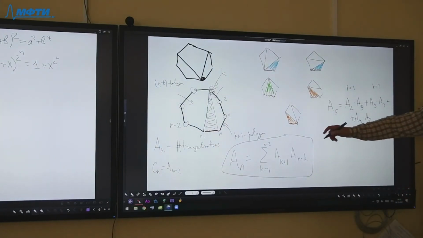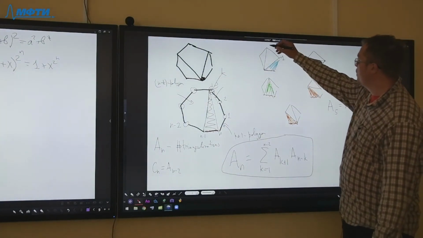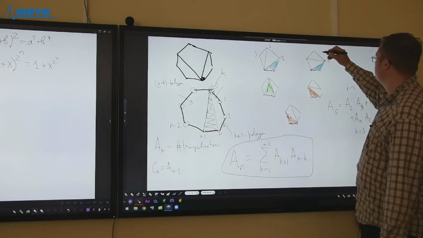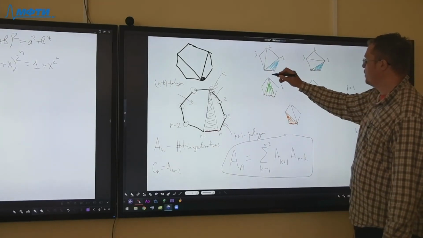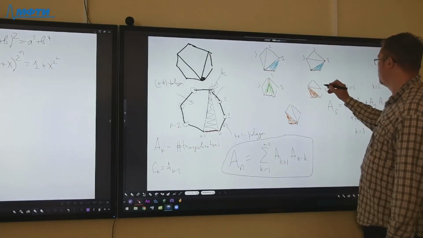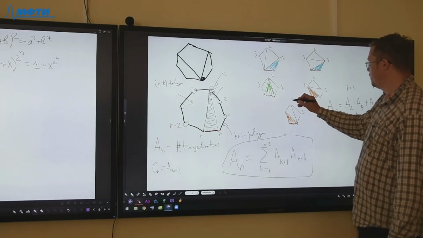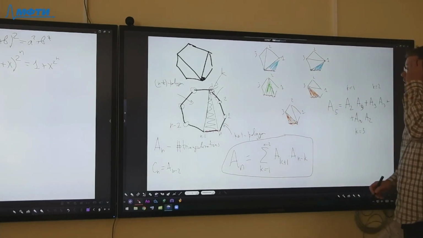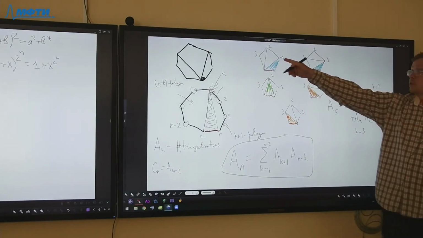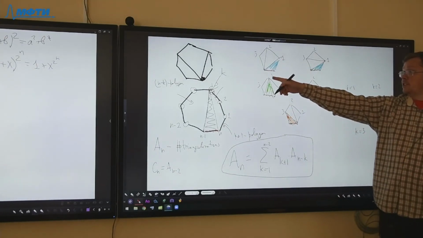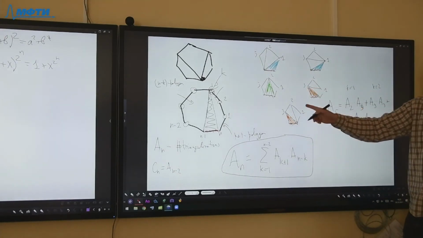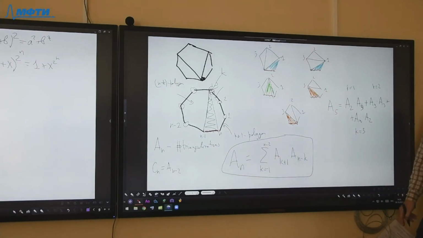So in this example, I have 1, 2, 3. I have exactly two triangulations with vertex 1, one triangulation with vertex 2, and two triangulations with vertex 3 here.